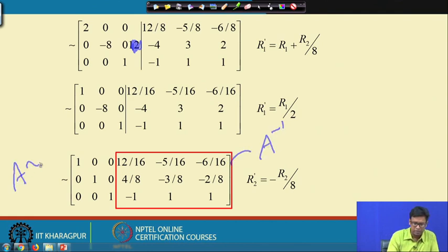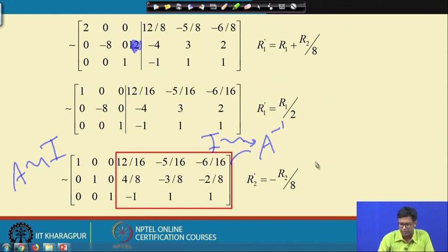So, A is transformed to I and I is transformed to A inverse. Now, let us take this matrix, and to confirm it, multiply it with A.